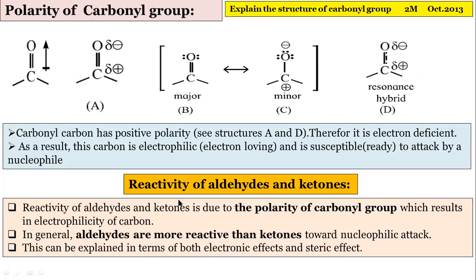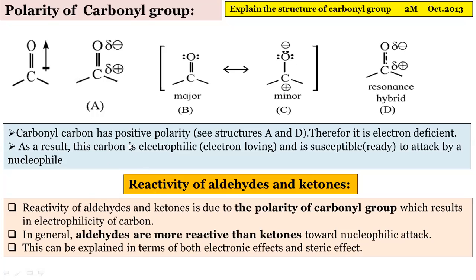Now, the reactivity of aldehydes and ketones depends upon the groups. In case of aldehydes, to this carbonyl carbon one hydrogen is permanently attached because the functional group of aldehydes is CHO, and one R group or one Ar group is attached, depending upon whether they are aromatic aldehydes or aromatic ketones.